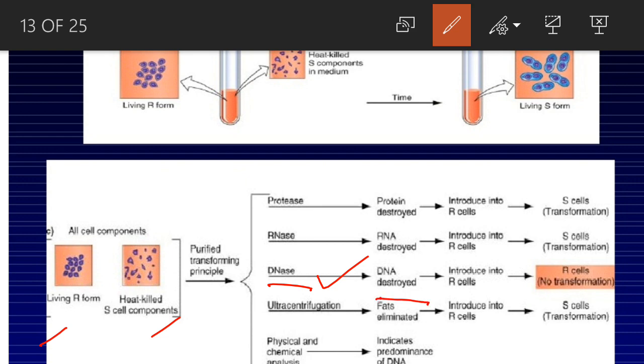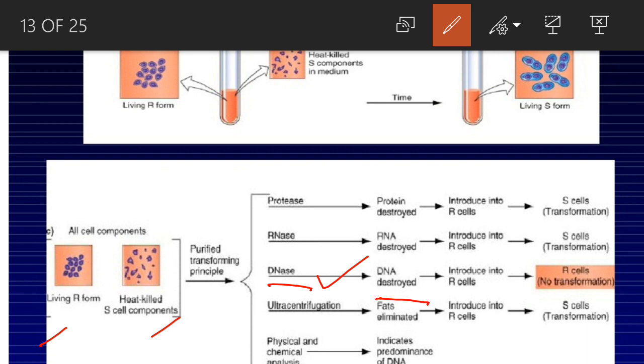As a result, because the DNA was broken down by the DNase enzyme, there was no transformation, and no R form was changed to S form.